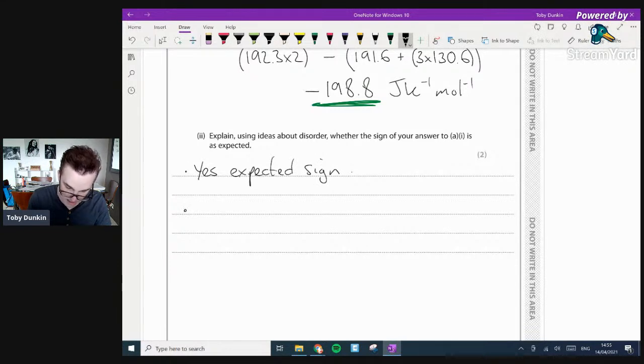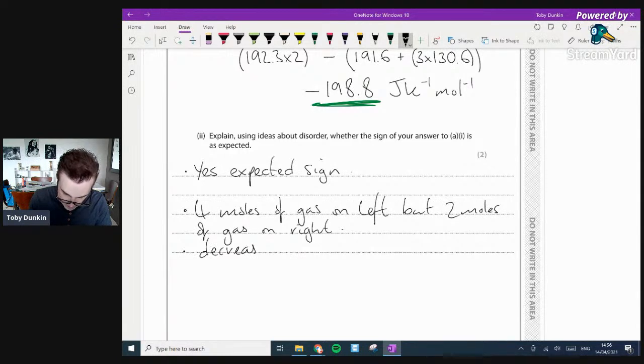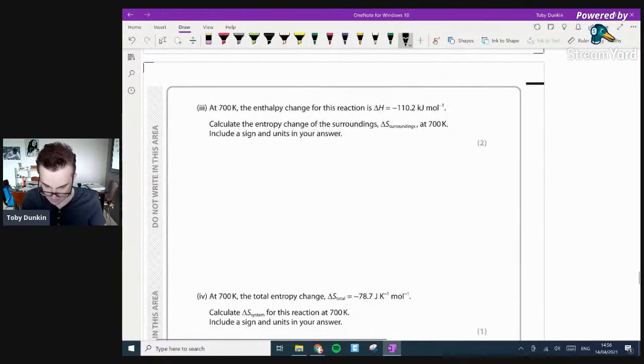Now I just need to explain why. 4 moles of gas on left, but 2 moles of gas on right, therefore decrease in disorder. I like it. Moving on.